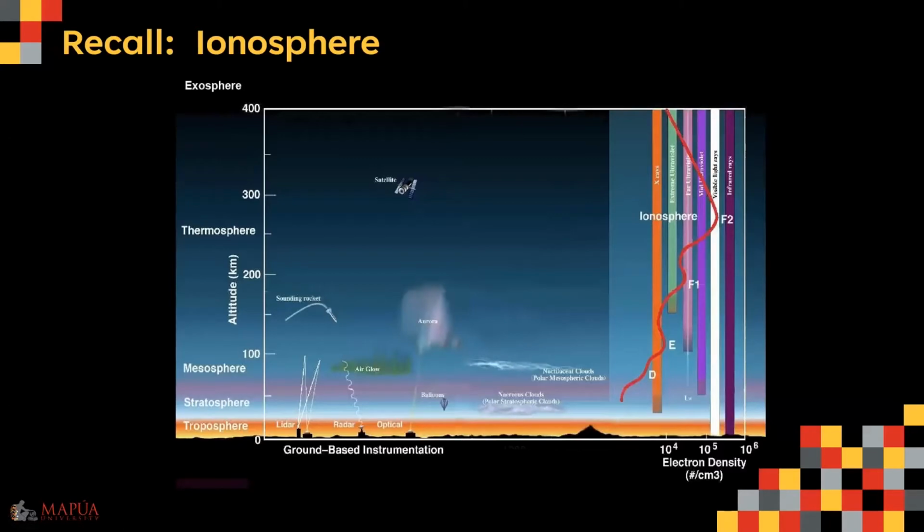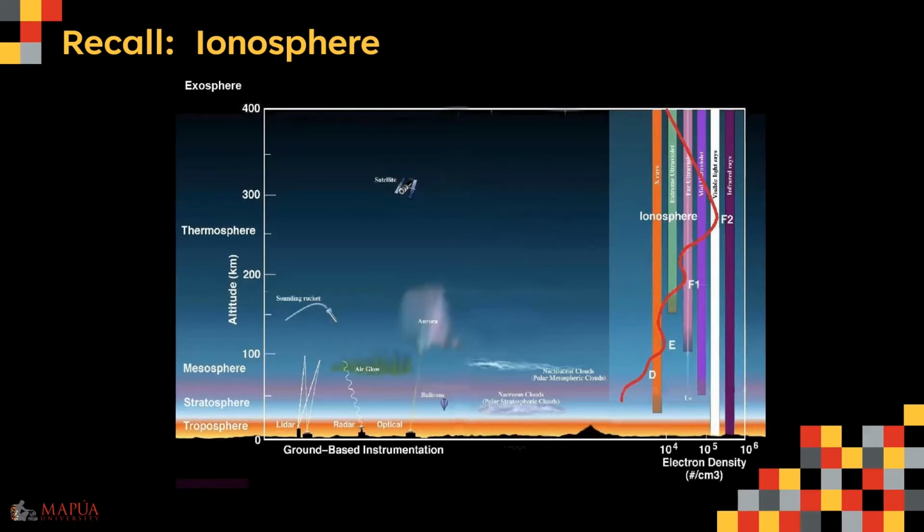The ionosphere is the ionized layer of the upper atmosphere. It has four regions. The lowest region is the D region, and then above that would be the E region, and you have your F1 and F2 regions.